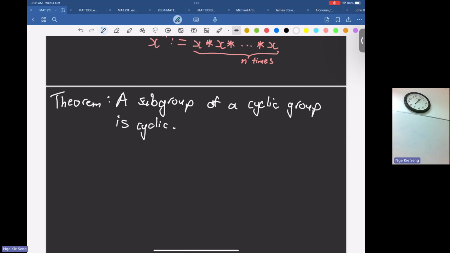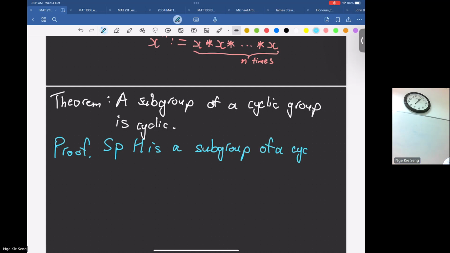So how should we prove this? Let's suppose H is a subgroup of a cyclic group. First, say H is the trivial subgroup.